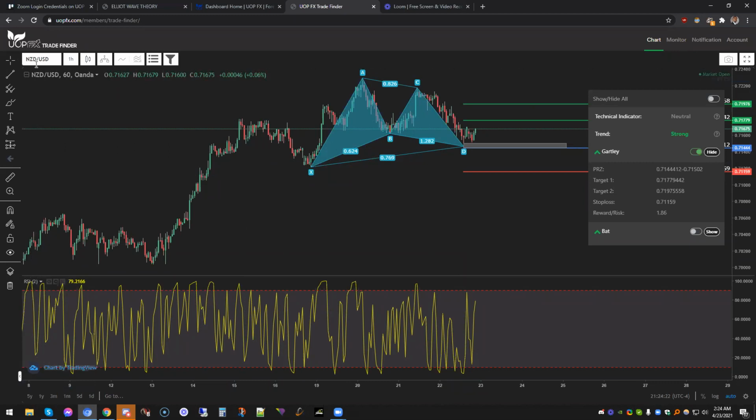So it's NZD USD. So we also understand that the Asian session would give this New Zealand dollar, US dollar pair some movement. Now I don't trade in the Asian session. So these are not the times that I would be looking to trade at, but the same rules apply.